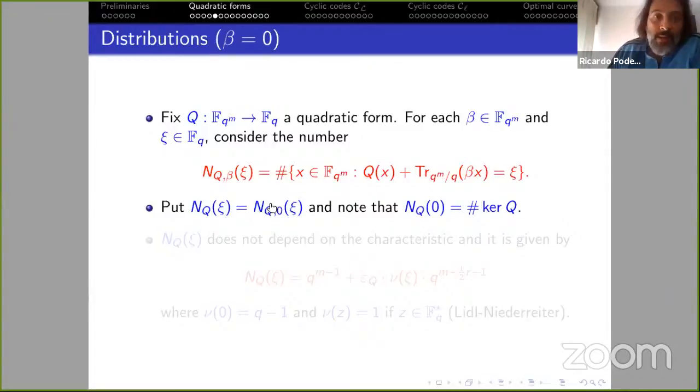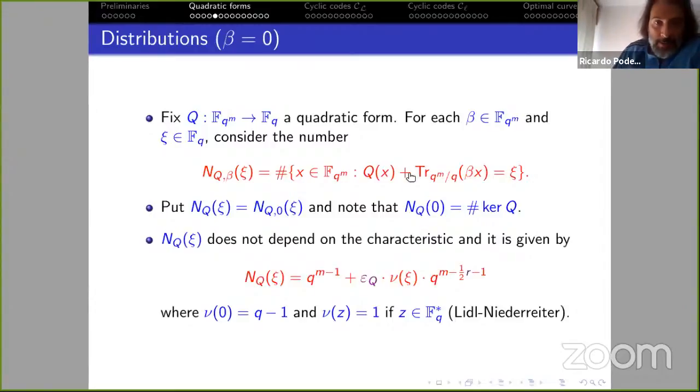Okay. In particular, if beta is 0, we are counting how many elements represent the element c by the quadratic form. And this number does not depend on the characteristic, and it is computed.